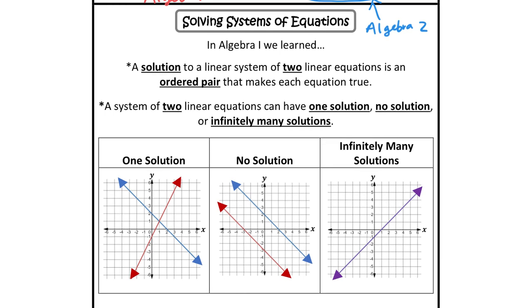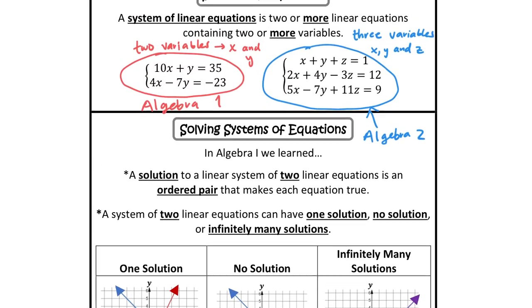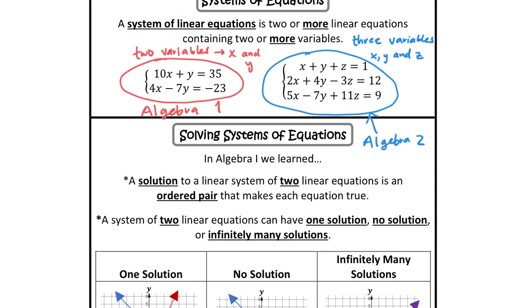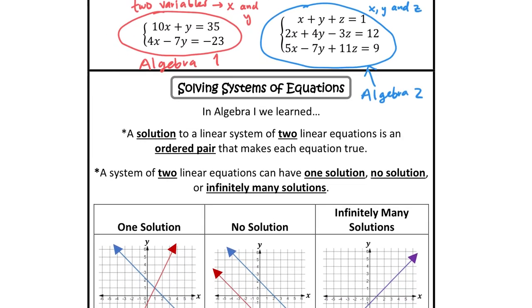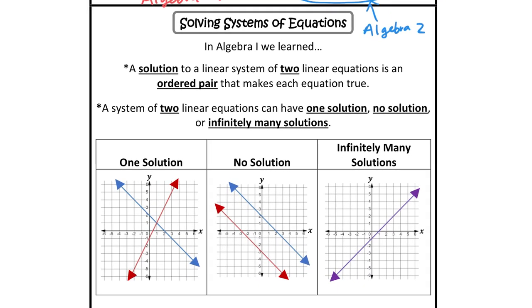Okay. So systems of equations, in Algebra 1 we learned a solution to a system of two equations, like the ones that we see in red on the top here. The solution is an ordered pair. So when I have two equations, my solution is an ordered pair.